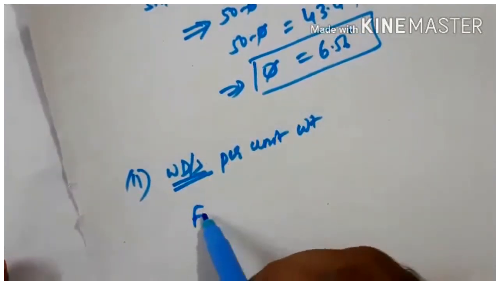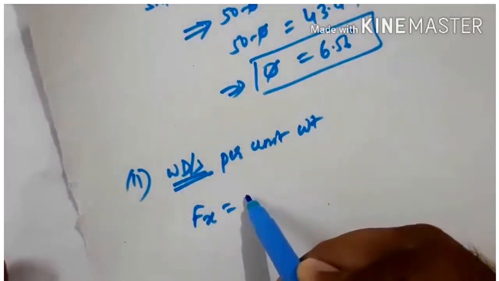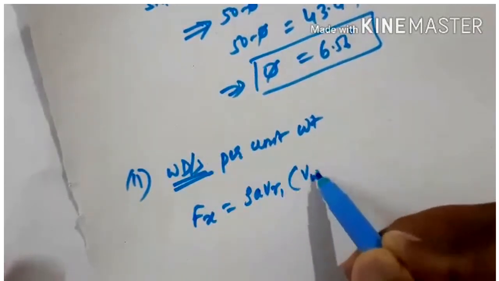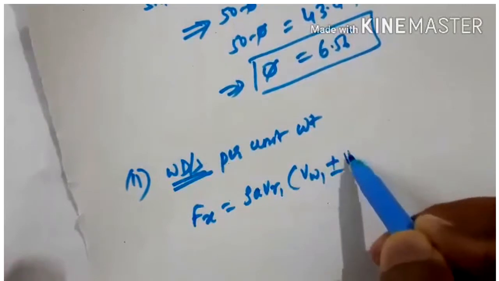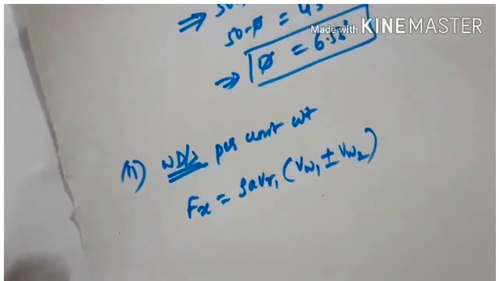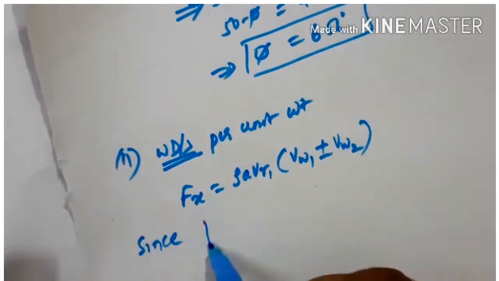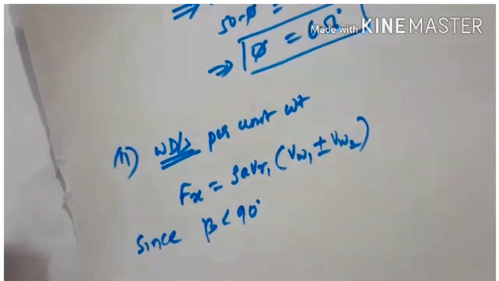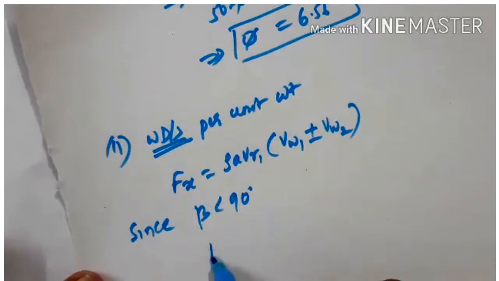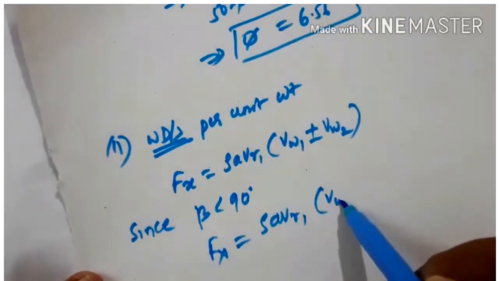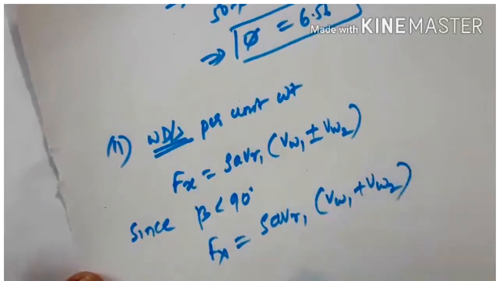So we know the Fx formula. Fx is rho A VR1 (VW1 plus or minus VW2). But since beta is less than 90 degrees here, the formula you have to use is rho A VR1 (VW1 plus VW2).